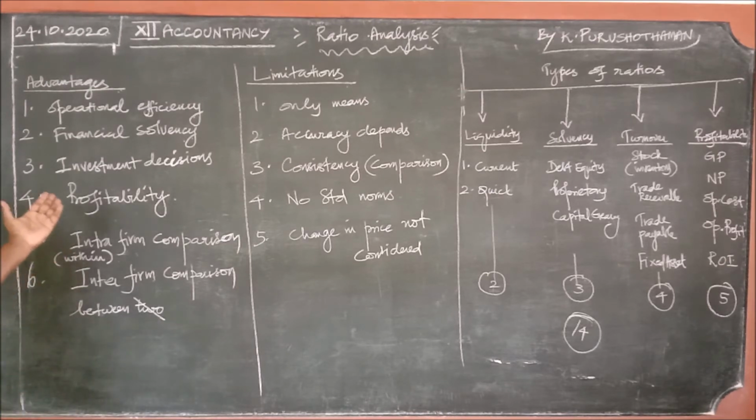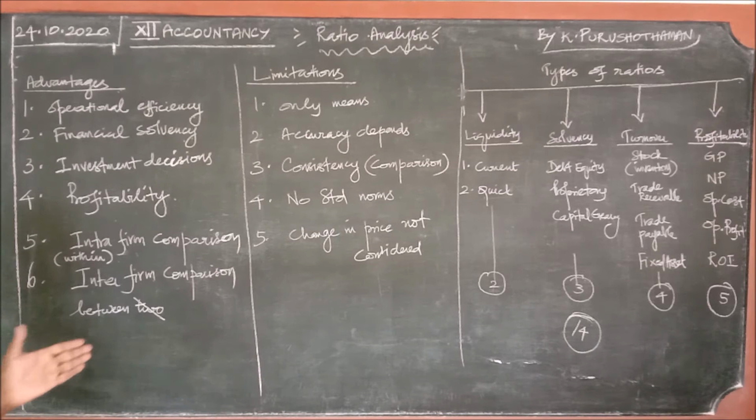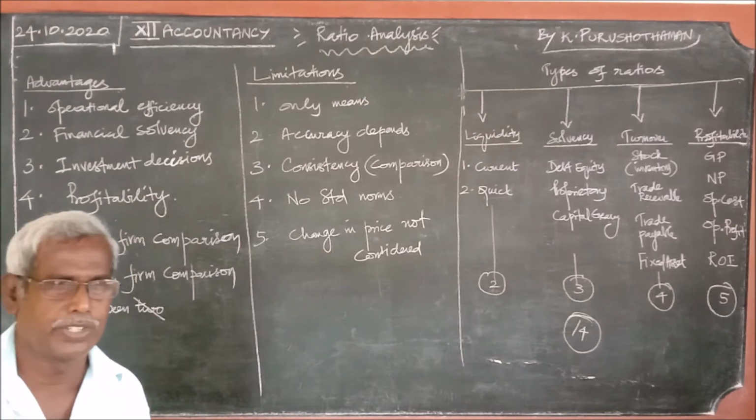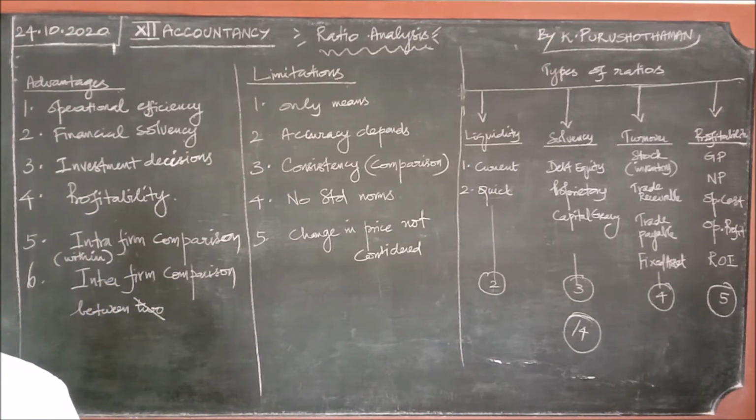Both are textile industries. But if he wants to compare the performance of the concern in Coimbatore with that of the concern in Tirupur, they are different, and that is why it is called inter-firm. You might have heard about these things in matches, inter-school match.